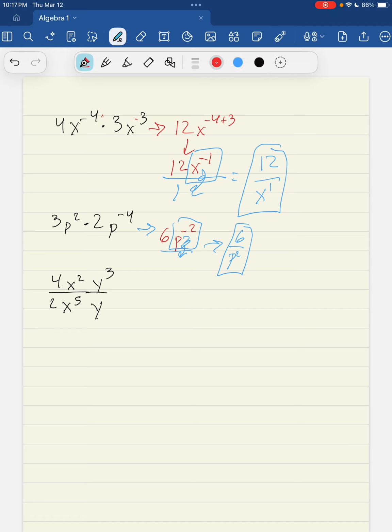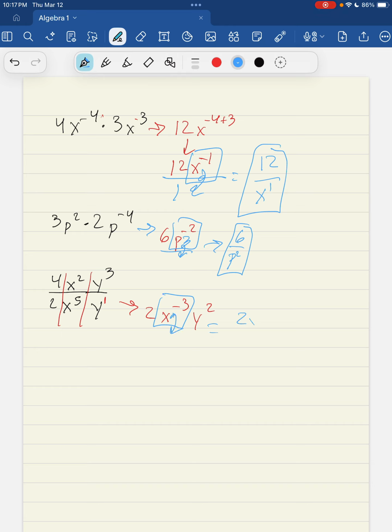Division problem, we're going to split this guy. So we have 4 over 2 is just 2. Subtract our powers, x to the 2 minus 5. Oh, that's going to give us a negative 3. And then we have a y to the 3 minus 1. That's y to the 2. We have a negative power again, so we have to flip only the x to the 3 term.